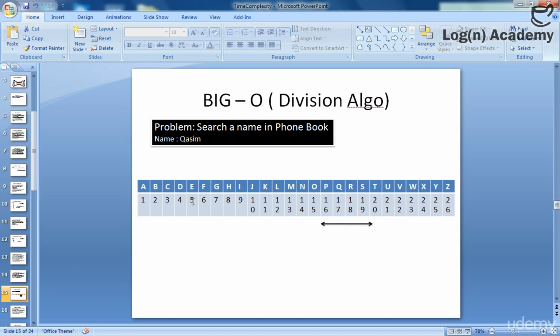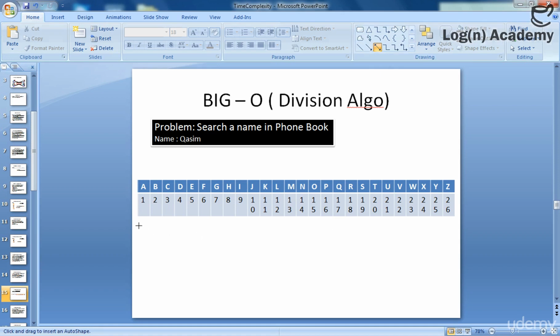So I have a table here with the alphabets A to Z, and here are their sequence numbers 1 to 26, right? So we need to find Qasim. The strategy we will use will be the division strategy, right?